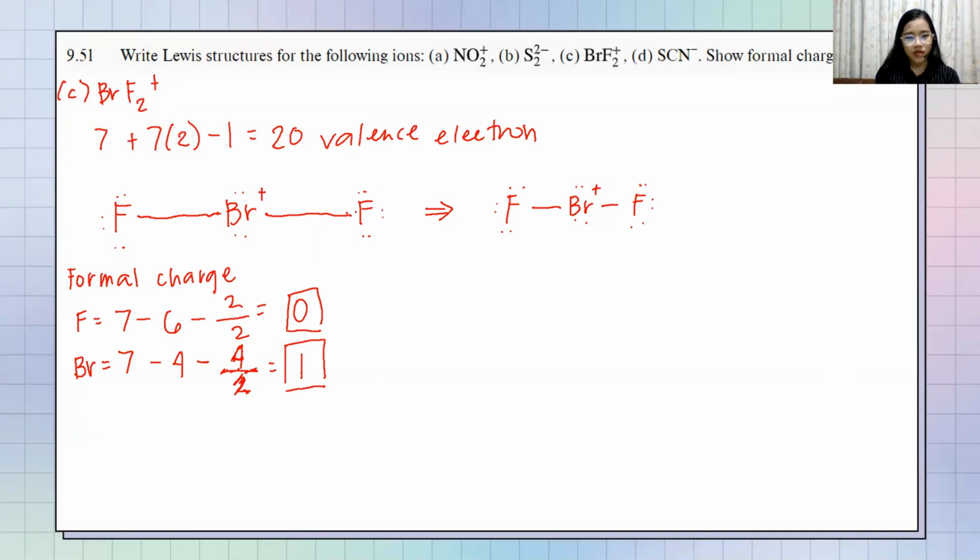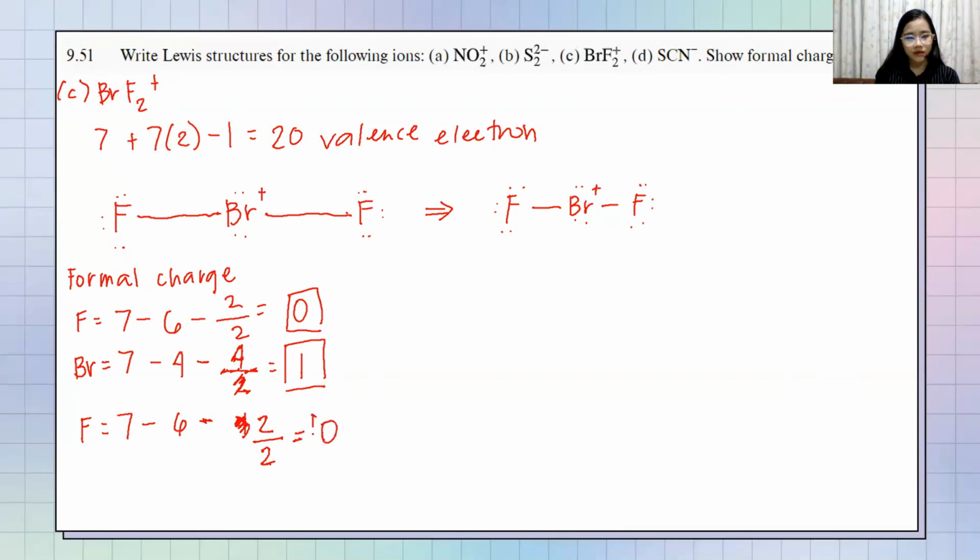For the fluorine at the right side, it's just the same. 7 valence electrons. 1, 2, 3, 4, 5, 6. 6 non-bonding. And 2 bonding since single bond.